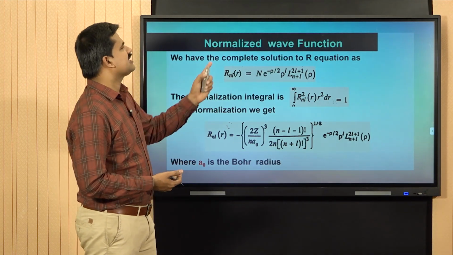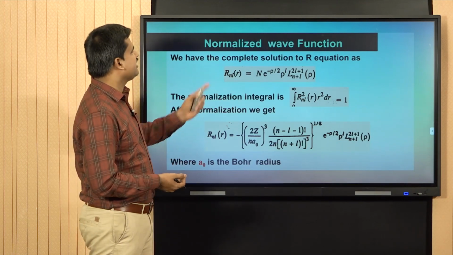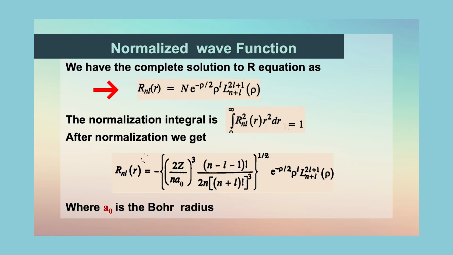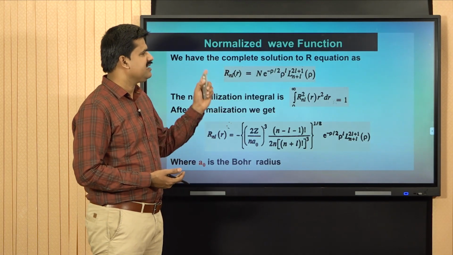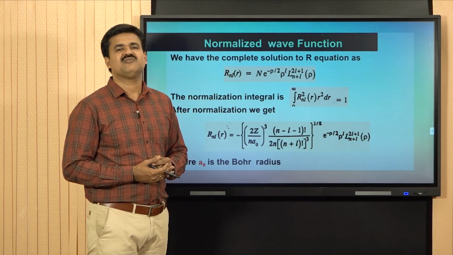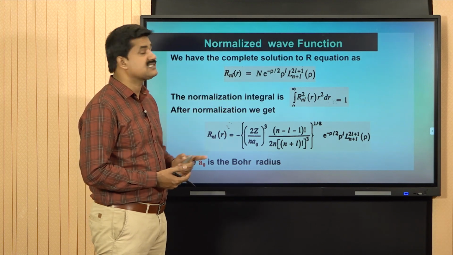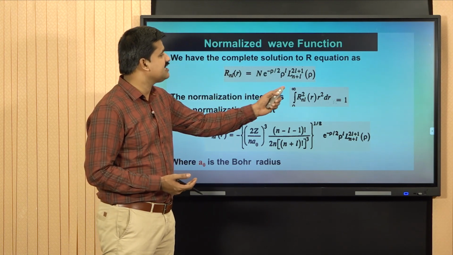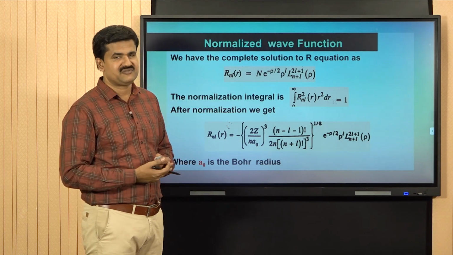We have the complete solution to the R equation that we learned previously: R n L of r is equal to N into e raised to minus rho by 2 into rho raised to L, L n plus L raised to 2L plus 1 rho. The normalization integral to this problem is taken here to evaluate the value of N. And the normalization integral is the integral from 0 to infinity. I am taking the upper limit infinity because the value of the variable r ranges from 0 to infinity.